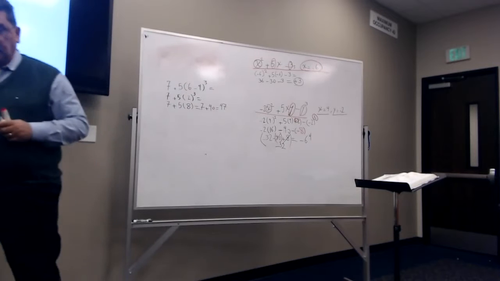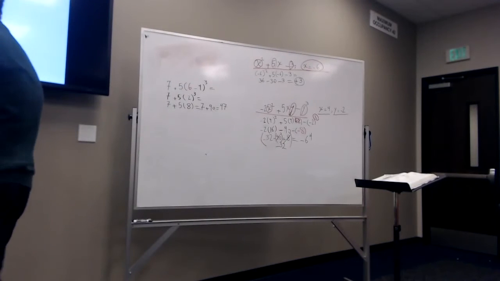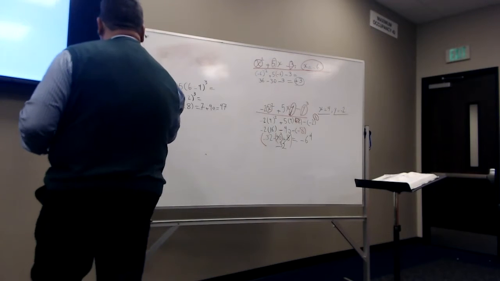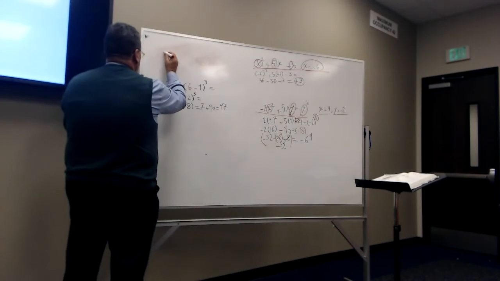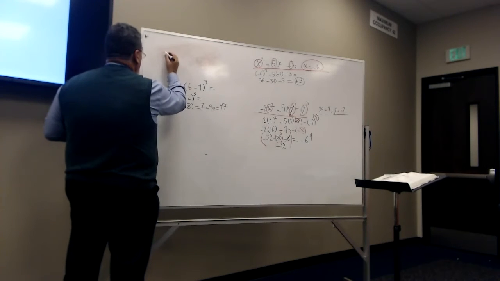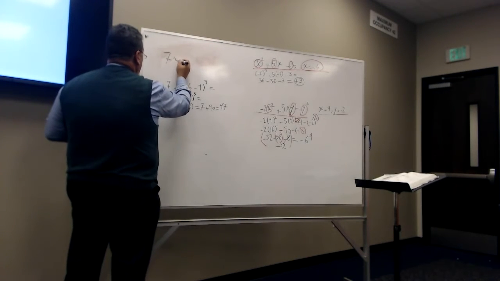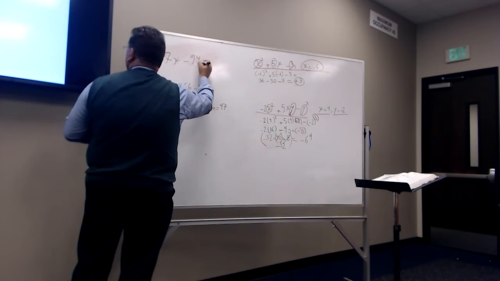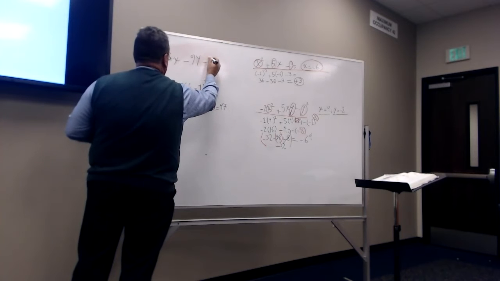Let's look at this one here on your PowerPoint. You have 7x minus 9y minus 3.